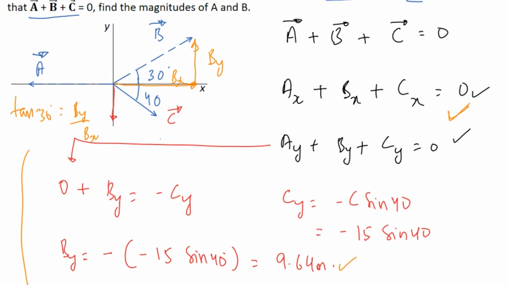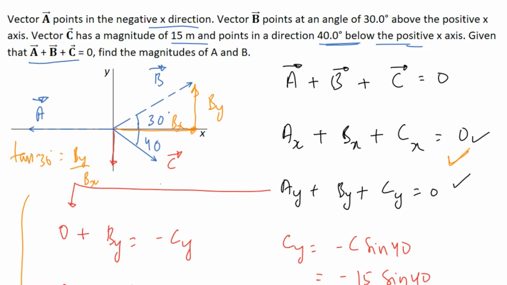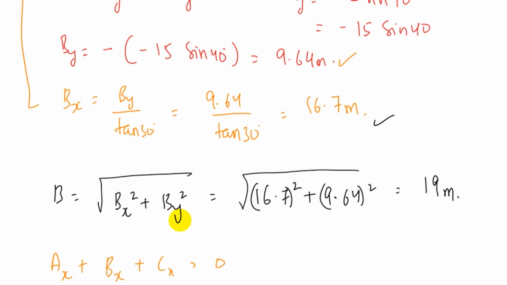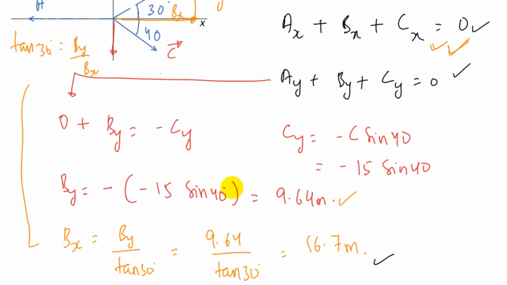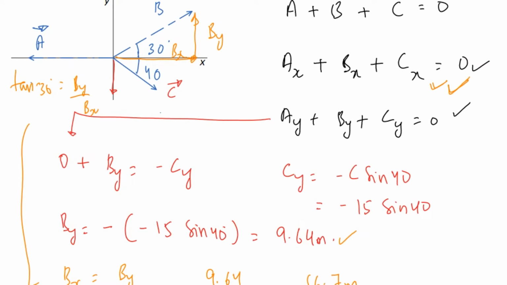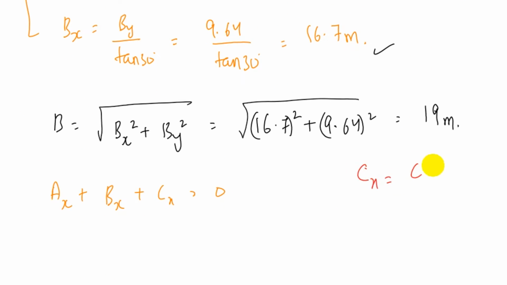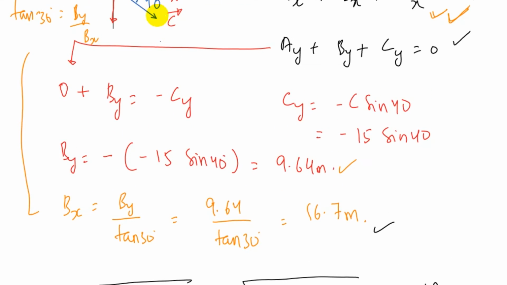Now next we have to calculate the magnitude for the A vector. So for that I can use this equation, this one. Now Ax plus Bx plus Cx is equal to 0. Now Bx we know. Now Cx, what is Cx? So let me first represent it on the figure. So this will be Cx, and from here we can write that Cx will be C cosine 40 degrees.